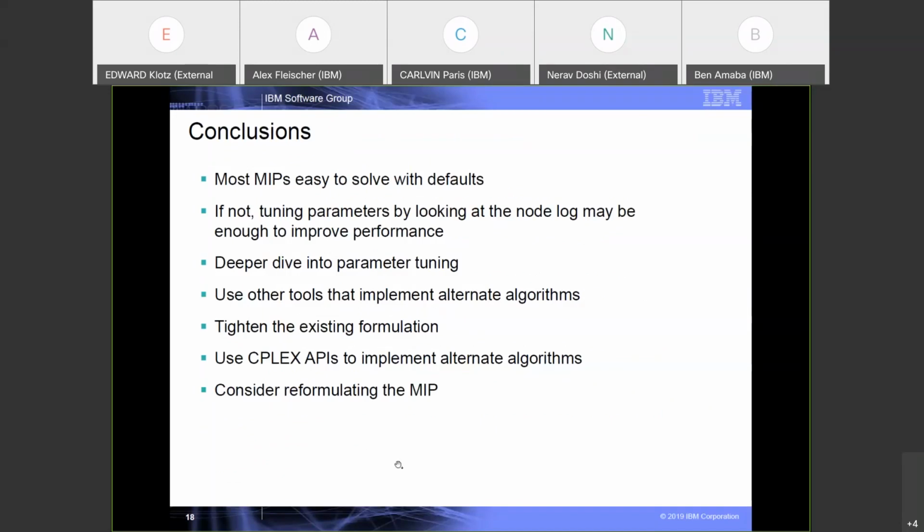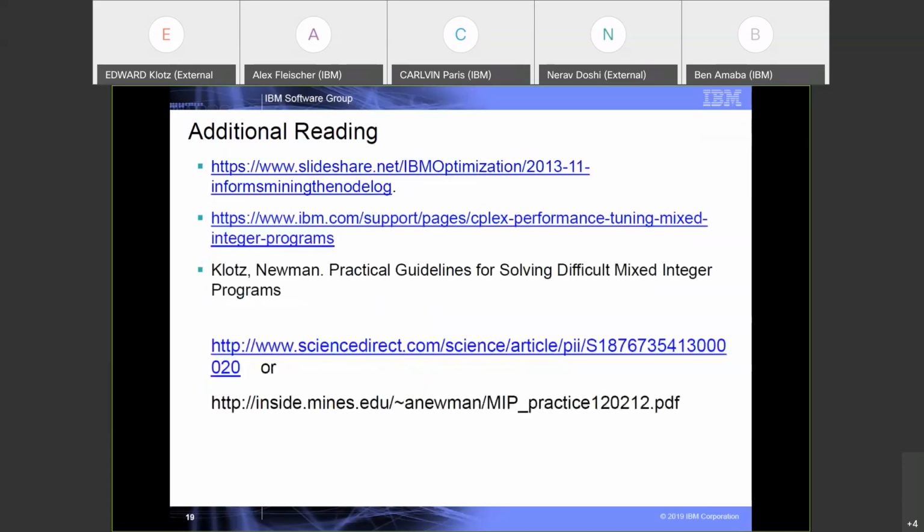And then moving up the performance improvement ladder, there are some deeper dives into parameter tuning that you can do. There are these other tools. You can tighten the existing formulation. You can use CPLEX's APIs to implement alternate algorithms, or you can actually consider reformulating the MIP. So there's this whole ladder of things to do, but you want to start with the easier ones.